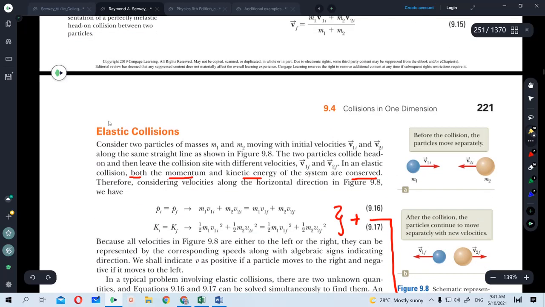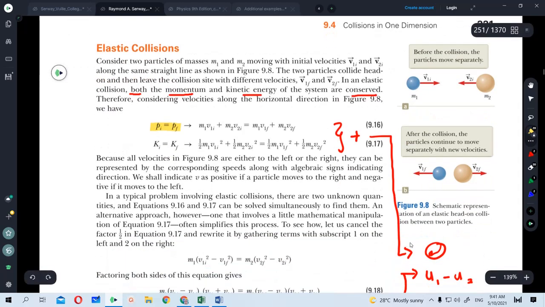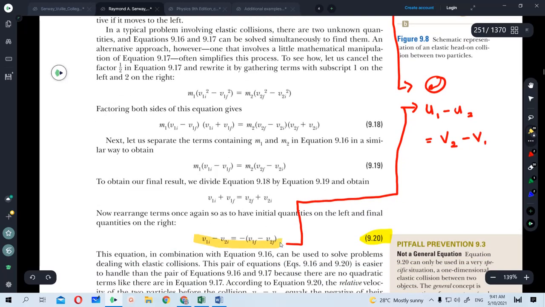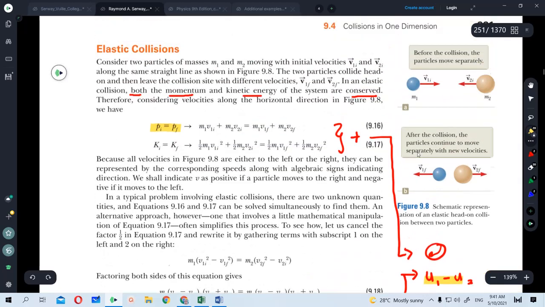Alright, when you are dealing with elastic collision, we have to add one more expression. Number one is conservation of momentum. However, the number two expression is this one, 9.2, or you can write it as U1 minus U2 equals V final minus V1. The same one, it's just the way of writing.